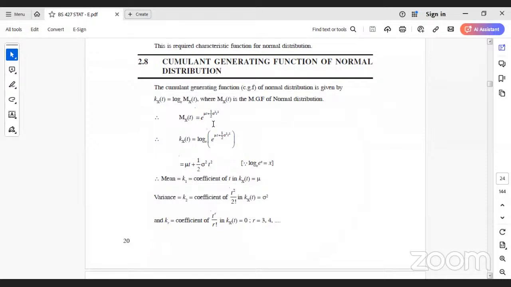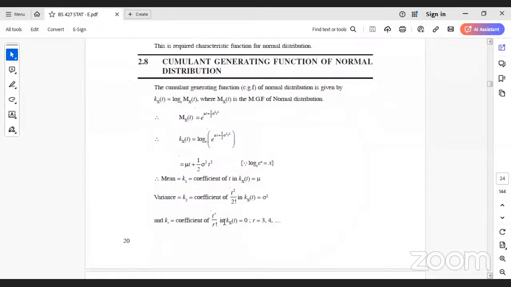M of x of t is e power mu t plus 1 by 2 sigma square t square. Therefore k of x of t is log of e power mu t plus 1 by 2 sigma square t square, so it is mu t plus 1 by 2 sigma square t square. Log e power x is equal to x, and log e of e is equal to 1.